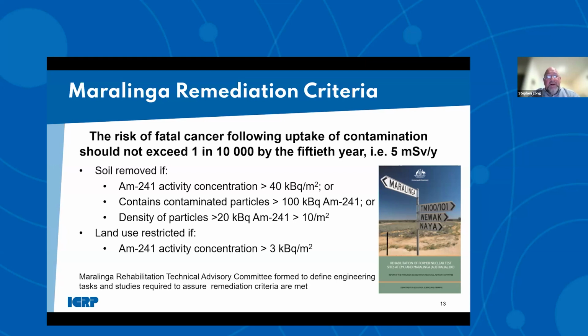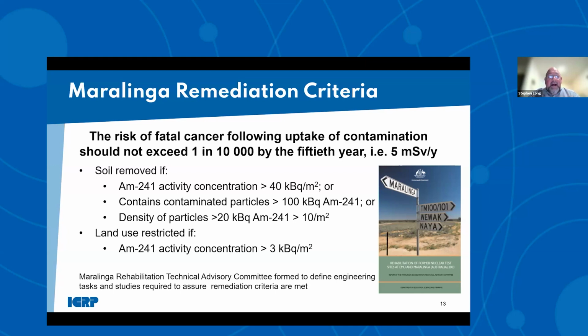That meant that soil was removed if the americium activity exceeded 40 kilobecquerels per square metre, or it contained contaminated particles exceeding 100 kilobecquerels americium, or the density of particles exceeding 20 kilobecquerels americium was more than 10 per square metre. So the soil was removed in those areas.